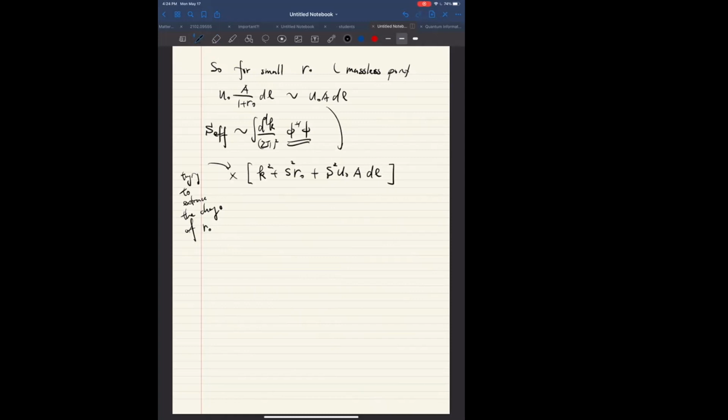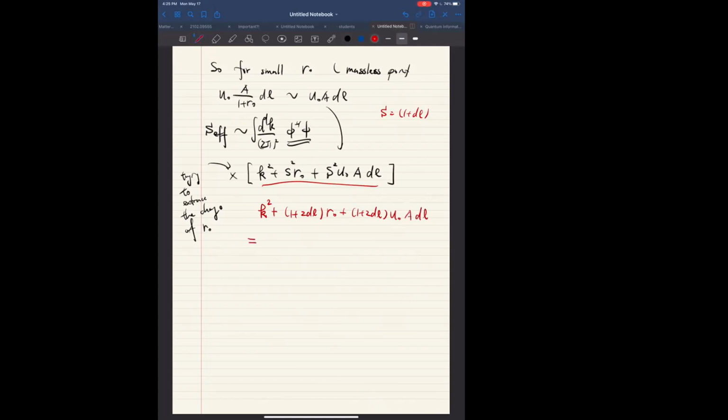If we look at this carefully, the first term is still k squared, and then with S equal to 1 plus dl, this will be 1 plus 2 dl times r naught, plus u naught A dl.